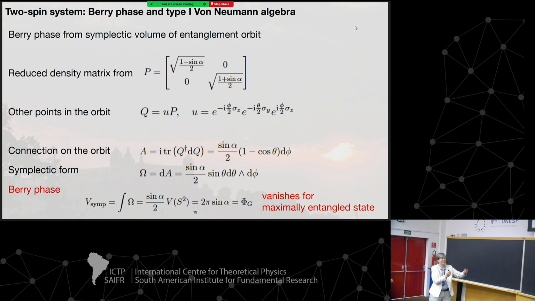This P just fixes one element of this entanglement orbit, and then I can apply this unitary transformation. Because I have only two spins, I just have SU(2), so I can use the Pauli matrices. Everything's very simple. And then this Q is all the points I can reach in this fiber bundle structure by applying this particular transformation. From this, I define the connection.